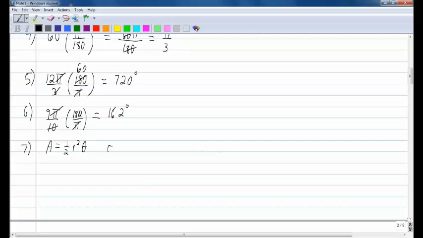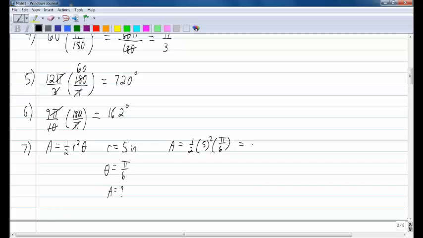Alright, so the radius equals 5 inches. Angle measure equals pi over 6. What is A equal to? So for this problem, area equals 1/2 times 5 squared times pi over 6.